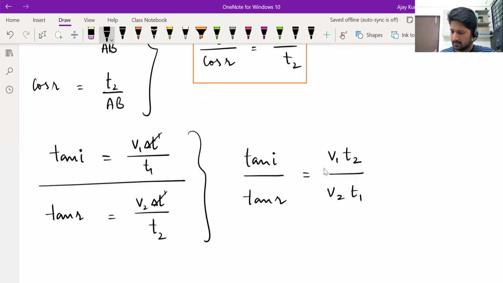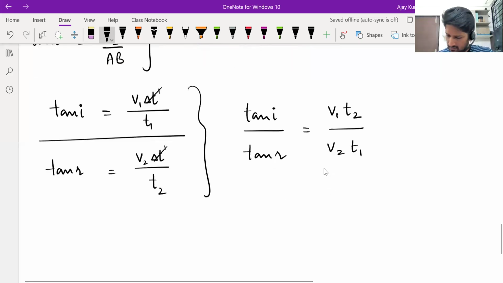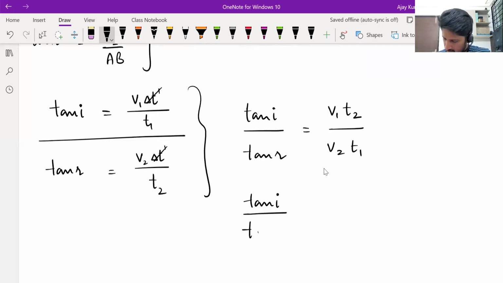V1 by V2 is nothing but mu2 by mu1, since mu is inversely proportional to speed. So this becomes mu2 by mu1 into T2 divided by T1.